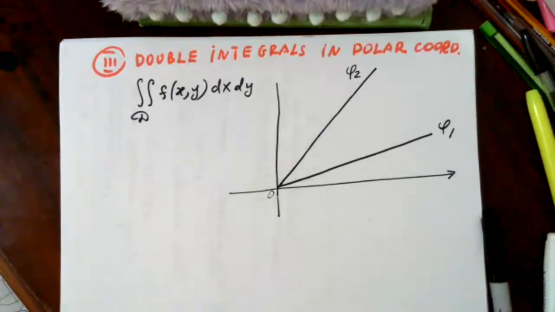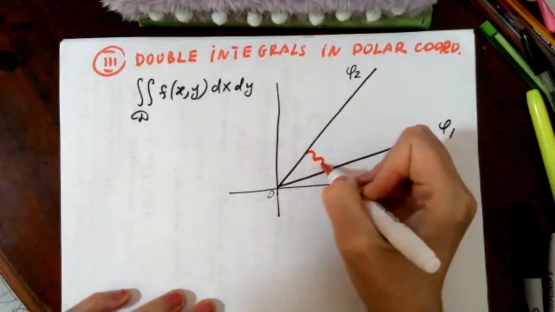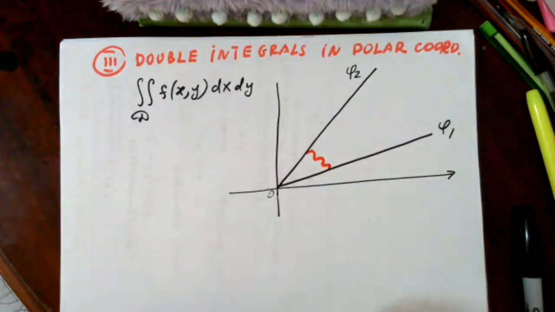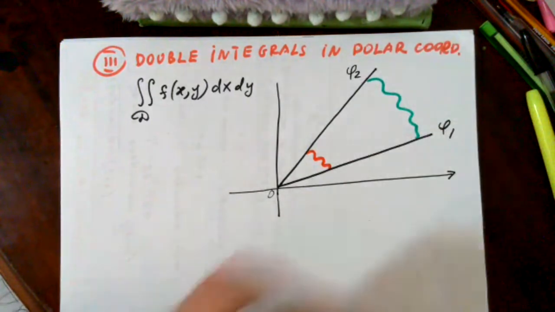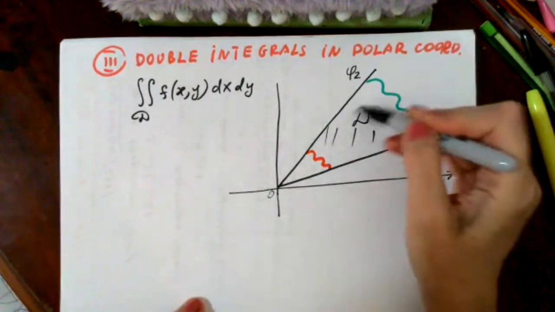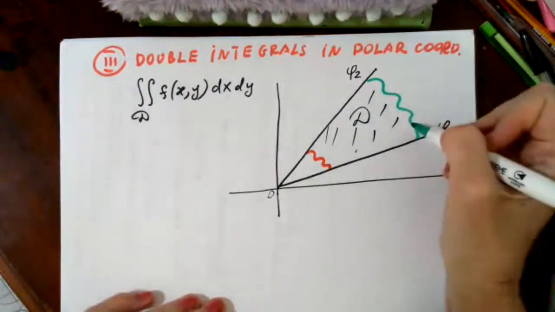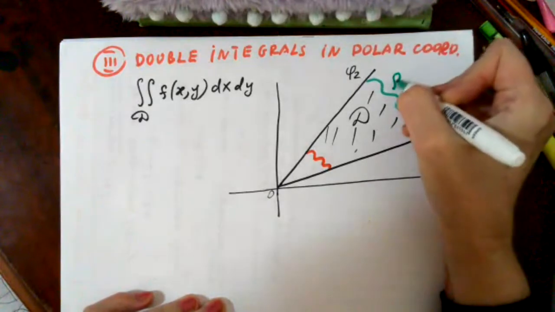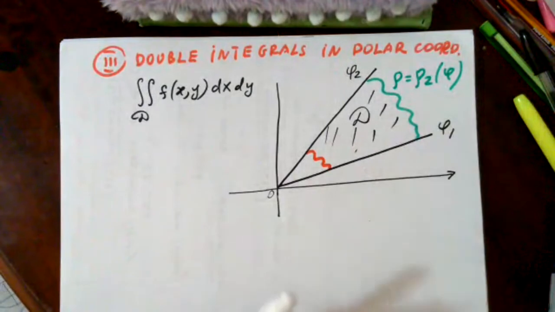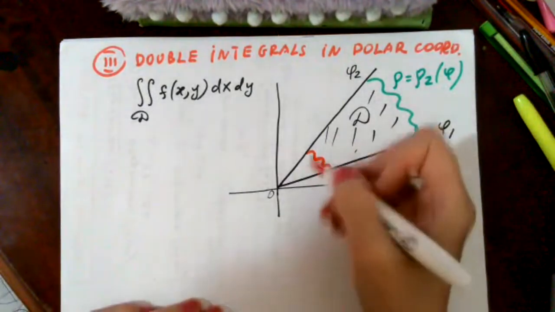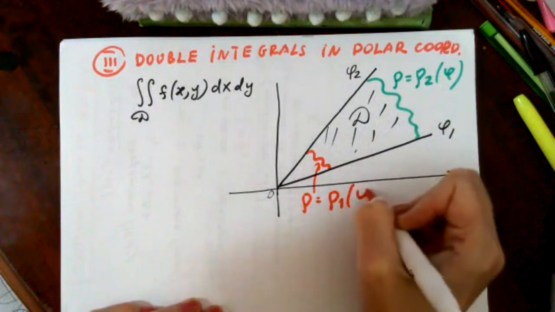But as for boundaries, something looks pretty similar. So you have this boundary here, and you have this boundary here. That's how your region looks in a polar coordinate system. So this is region D. This boundary has equation rho equals rho 2 of phi, and this red one has equation rho equals rho 1 of phi.